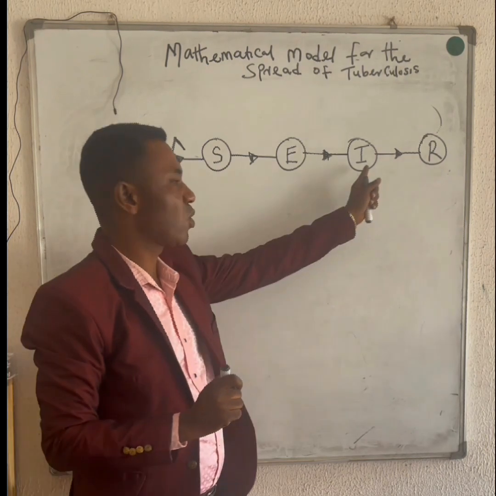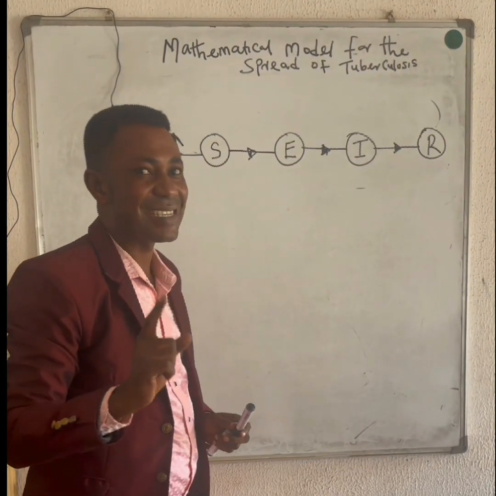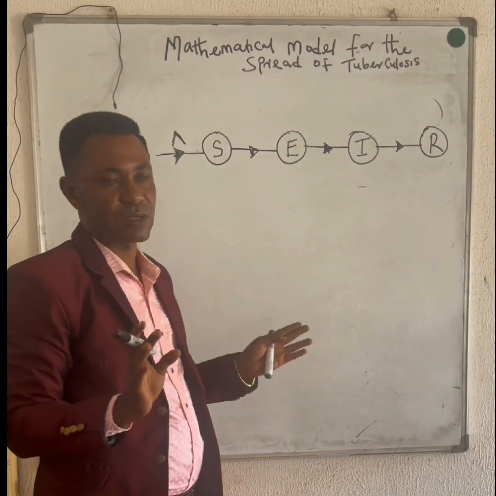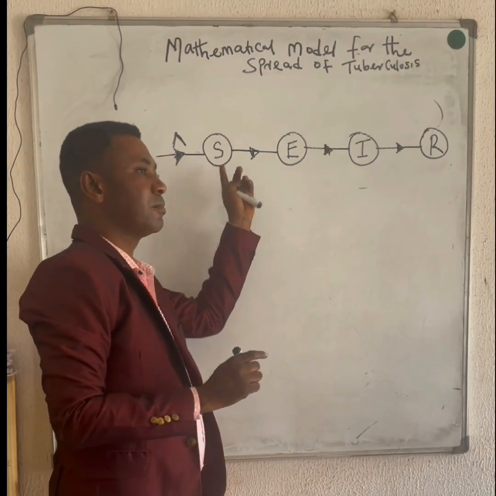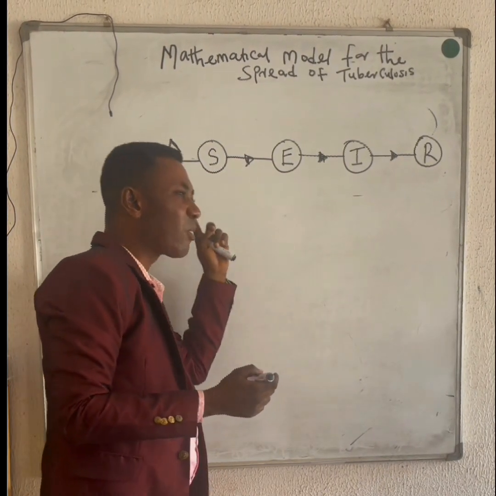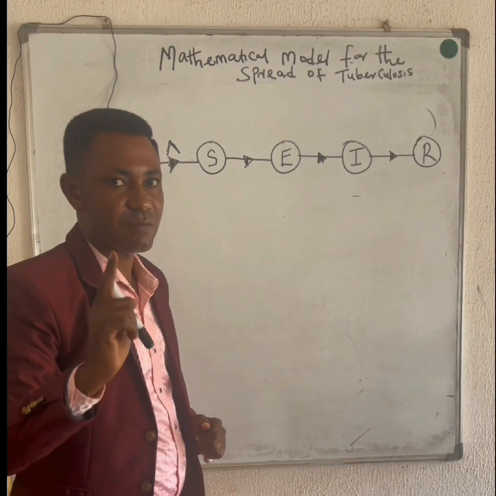The infected is what? I. So let's assume that the contact rate is beta. These people here, they don't have tuberculosis, but for them to be infected, they will have to come in contact with an infected tuberculosis patient.